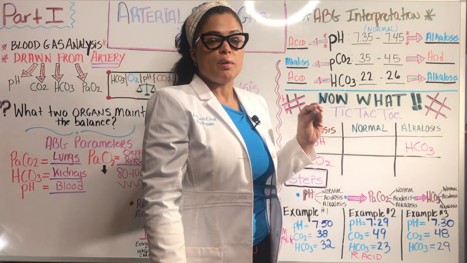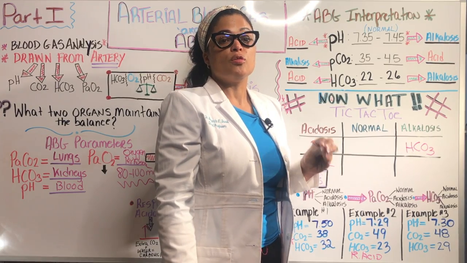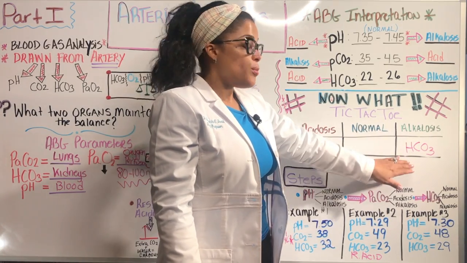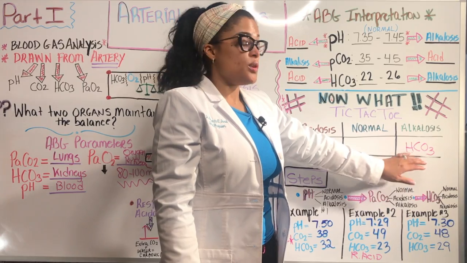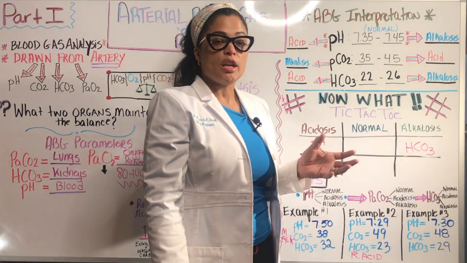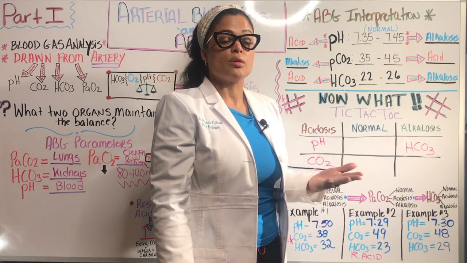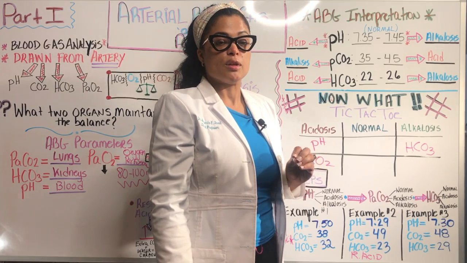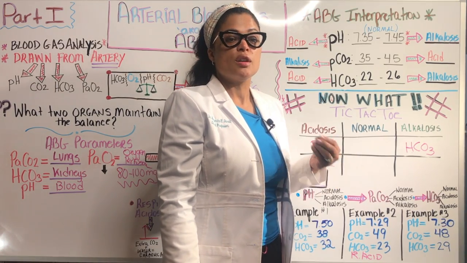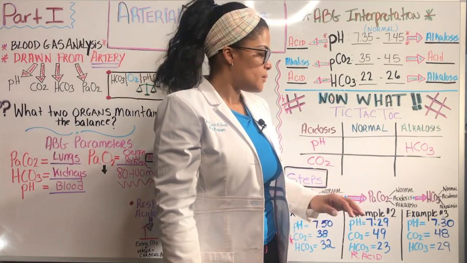So whenever the pH is in the normal range, that is called full compensation. So partial compensation is when either the bicarb or the CO2 change to the abnormal range when they're trying to help each other. Full compensation is when in addition to those, they have the pH also helping become normalized.